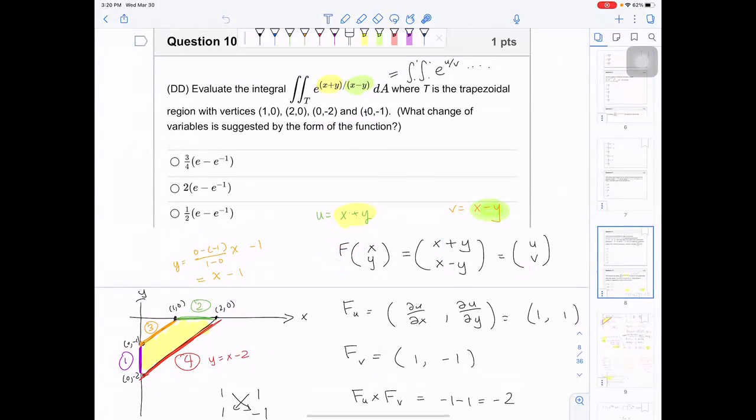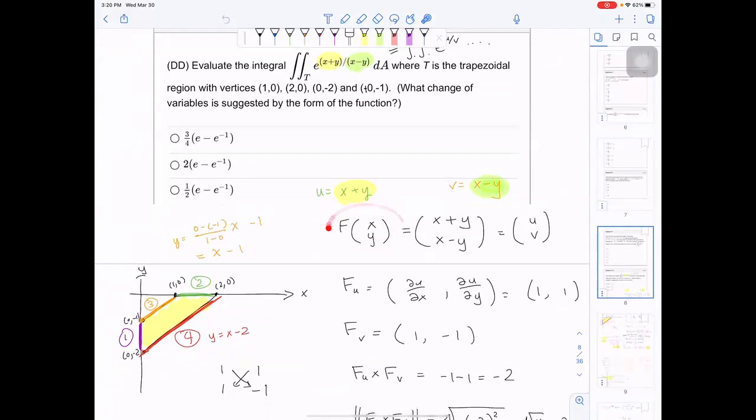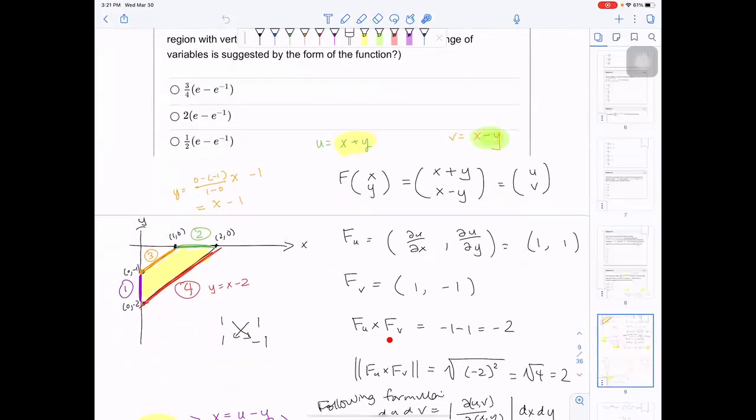For surface integrals, once we write this function, we take the derivative with respect to each of the terms. The derivative with respect to u is partial of u with respect to x, partial of u with respect to y, which is 1, 1. We do the same with v, and we get 1, negative 1. Then you do the cross product, you get negative 2, and you take the length, you get 2.